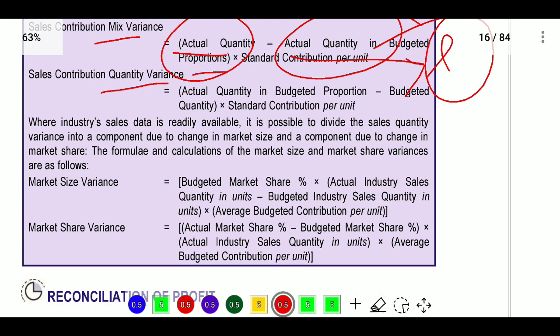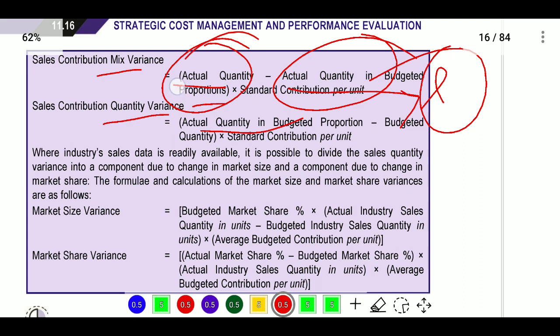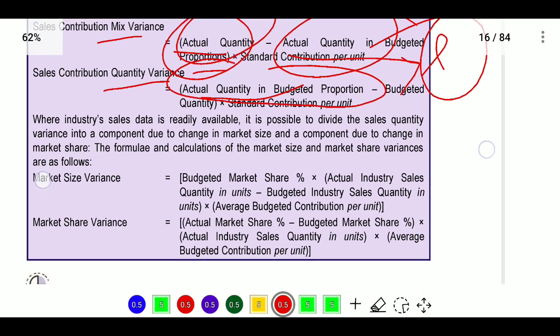Sales contribution quantity variance means always first we take actual quantity in budgeted proportion minus budgeted quantity into standard contribution per unit. So when mix variance is there, first we take actual quantity, and quantity variance means actual quantity in budgeted proportion minus budgeted quantity.